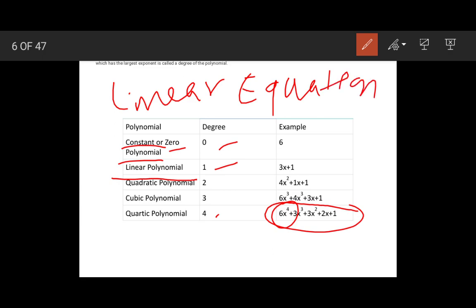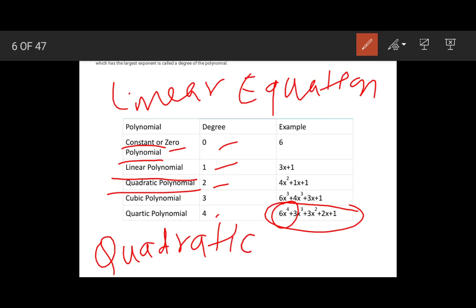If the degree is 2, then it is known as a quadratic polynomial or quadratic equation.